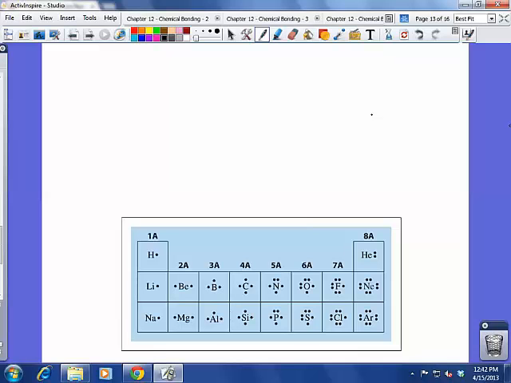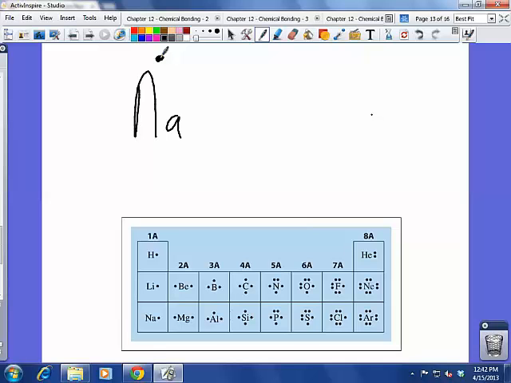Everything in group 2A has 2 dots. 3A, 3 dots, 4A, 4 dots, and so on and so on. Okay? Now, all of these atoms want to have a complete outer orbit. So if we look at something like sodium, for example, we see sodium right here is in group 1A, so sodium has 1 dot.